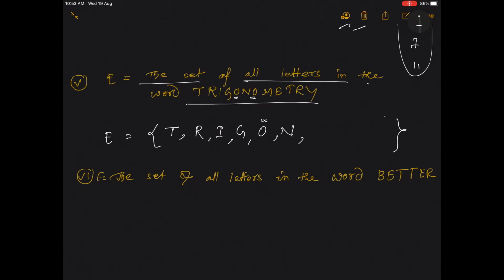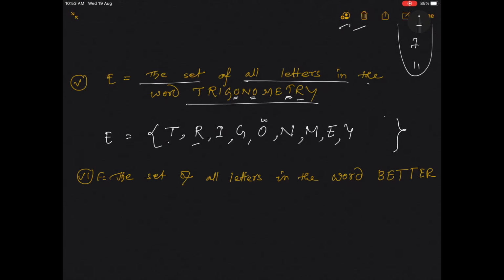Then M, then E, then T is already written, and R is also already written, next Y. That is how we can write the letters in a set.